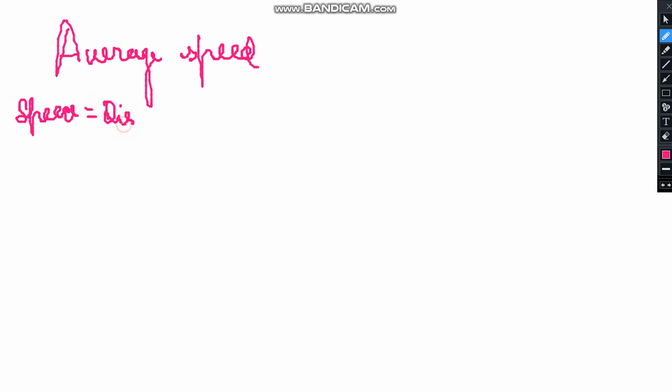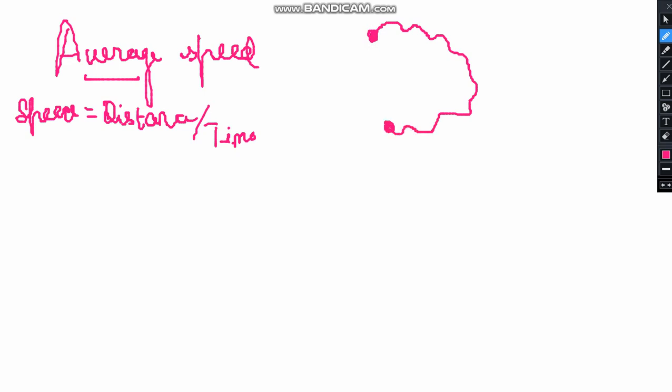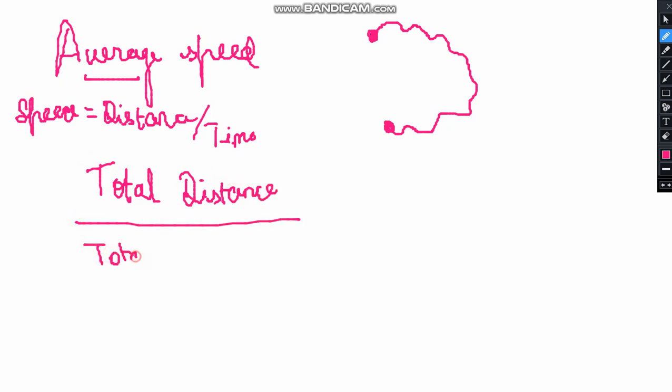Okay, so first let's discuss average speed. As I already said, speed is equal to distance by time. But average speed is about the total. If an object starts here and goes all the way down here, then the average speed of this particle is total distance by total time.